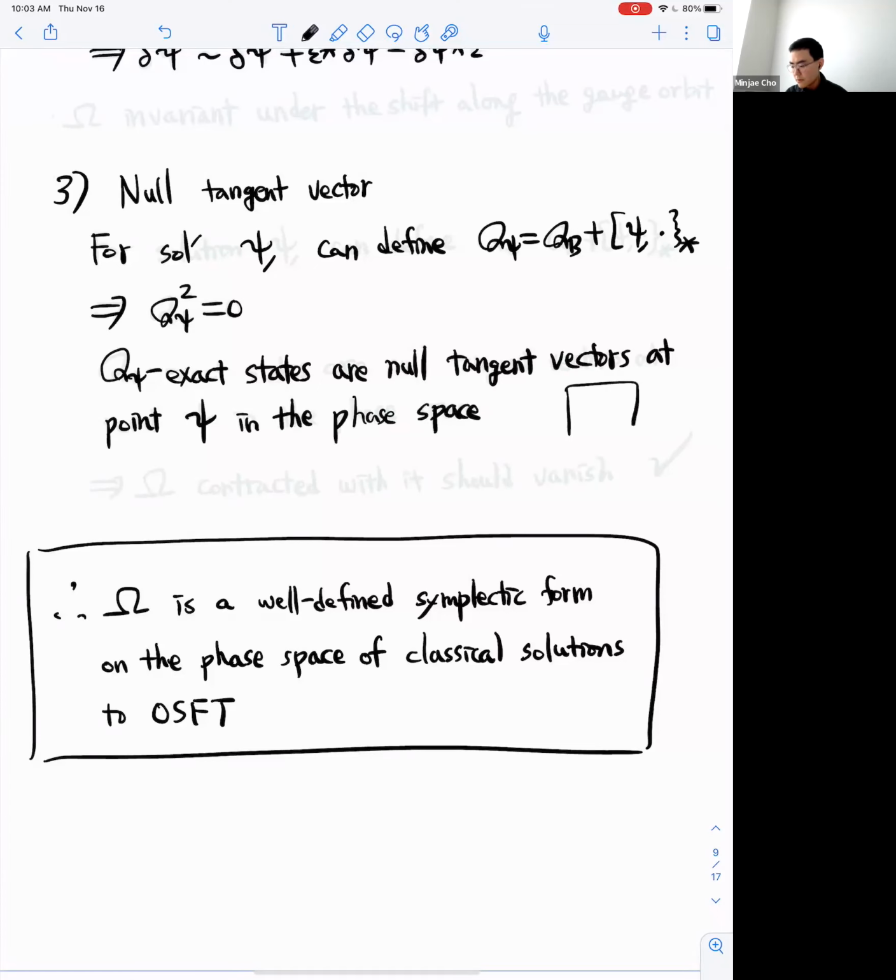Okay, so we have a space of solutions, and there's a point psi, and you can talk about tangent vectors, and those are basically the states that you can describe, say in case you have the worldsheet CFT, in terms of the worldsheet CFT states. But then all these Q_psi exact states correspond to the null states. So what should the symplectic form do when we contract it?